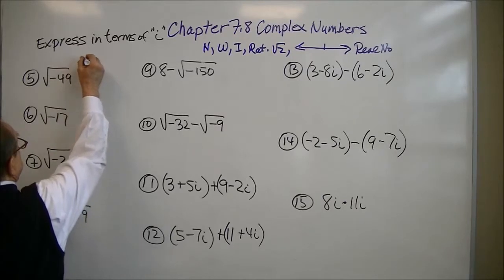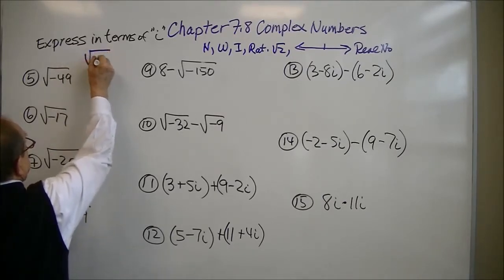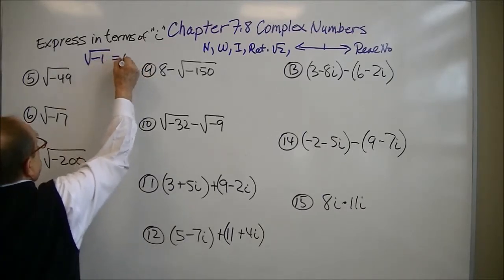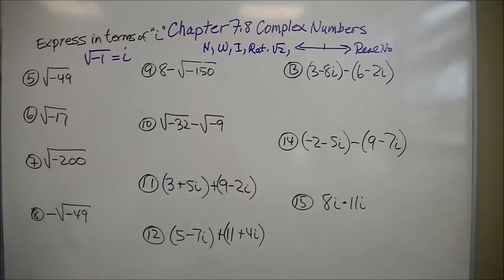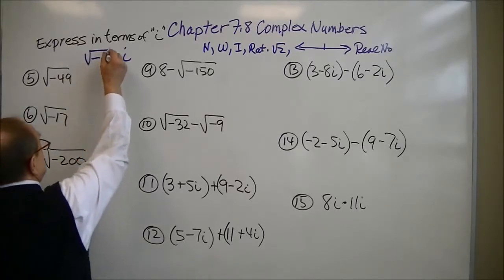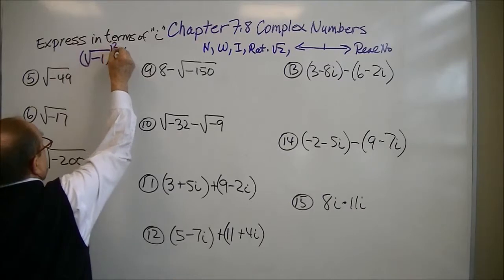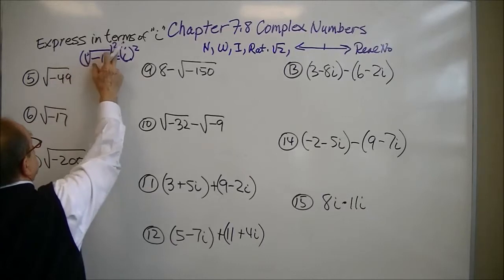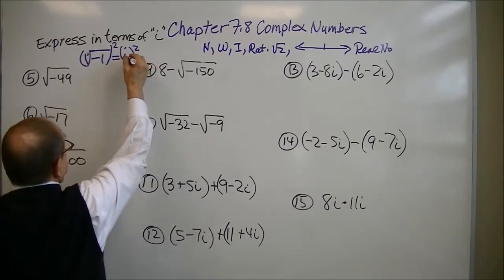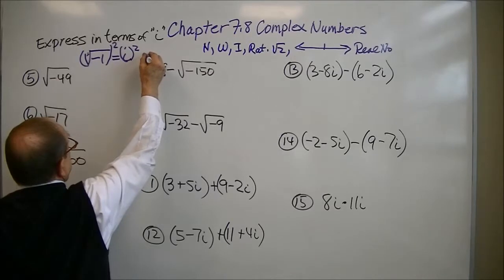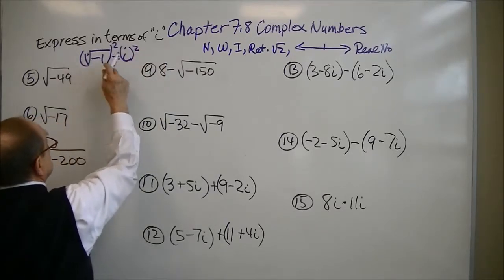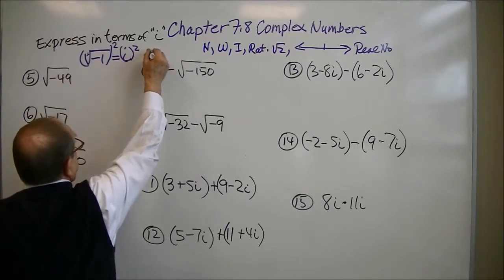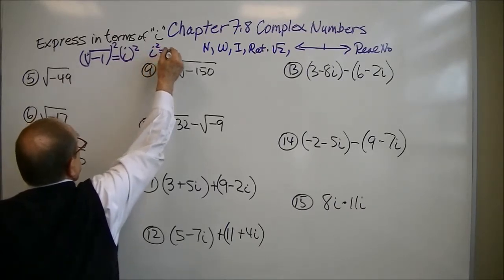They said that suppose we let the square root of negative 1 be defined as the letter i, such that if you squared both of these, remember by taking the radical sign away, the square root of negative 1 squared would just be its radicand, and that would be i squared equals negative 1.